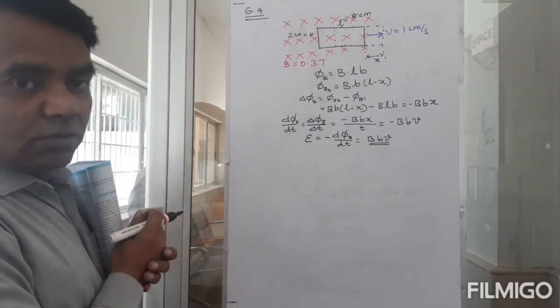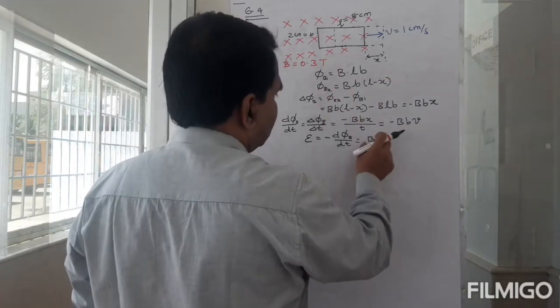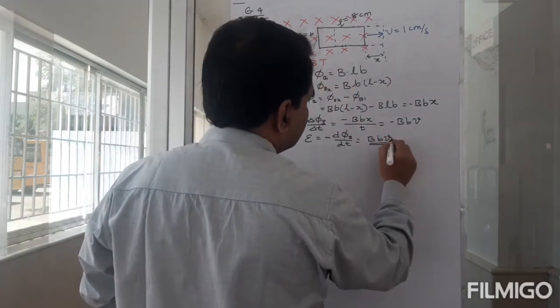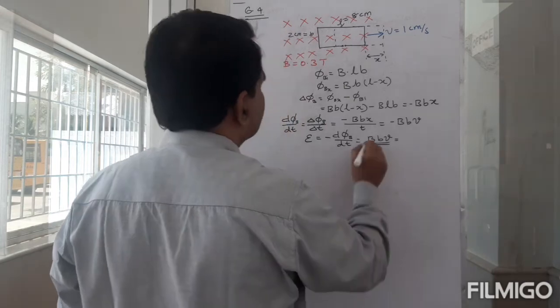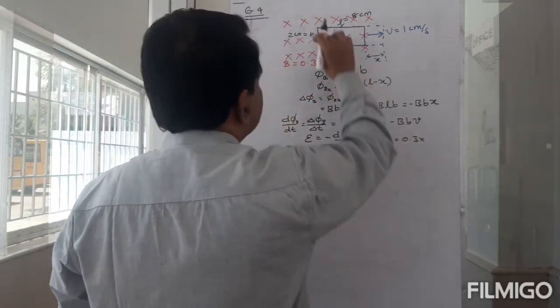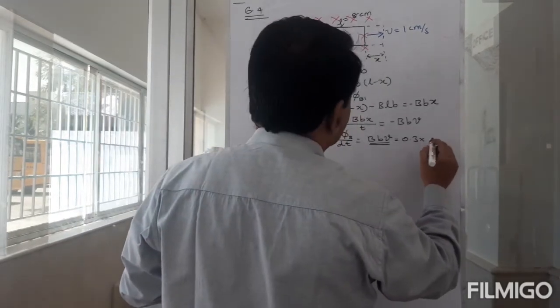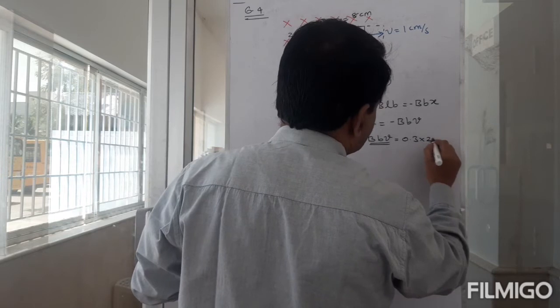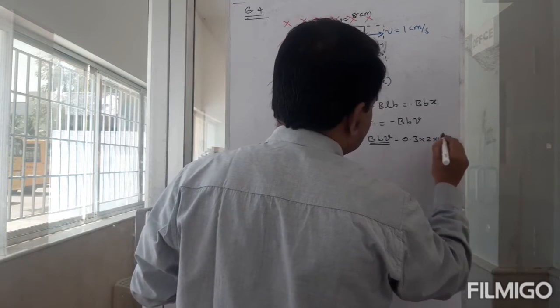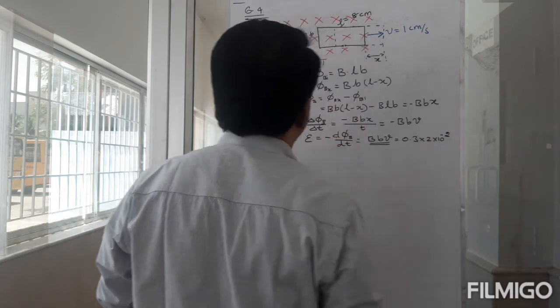So if I plug in these values, what is B? B is 0.3. And then what is my b? That is 2 centimeters. So I'll say 2 into 10 power minus 2 meters.